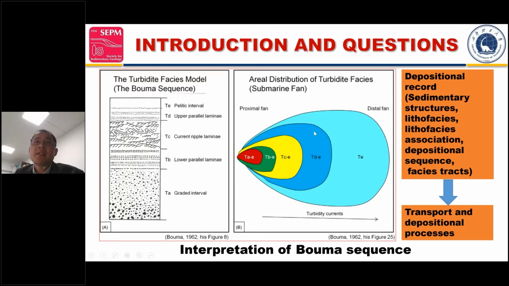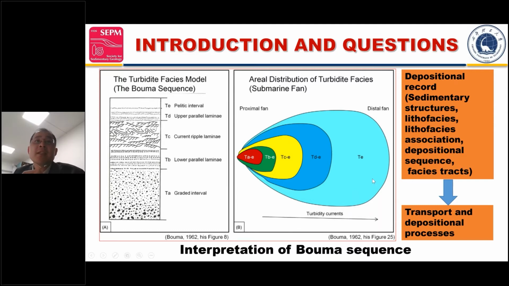This Bouma sequence can give us very good information for the transport and depositional processes of the gravity flow. The study of sediment structures, facies association, and also the depositional sequence and facies tracts are all aimed at interpreting the transport and depositional processes of the gravity flow from the rock record.